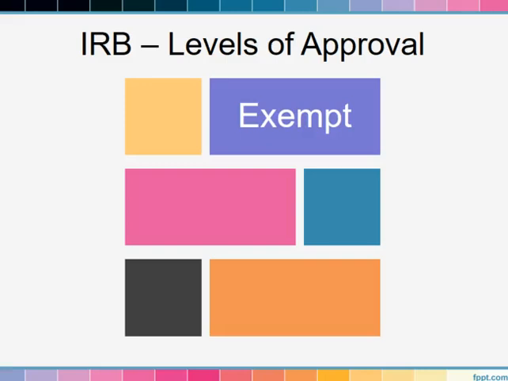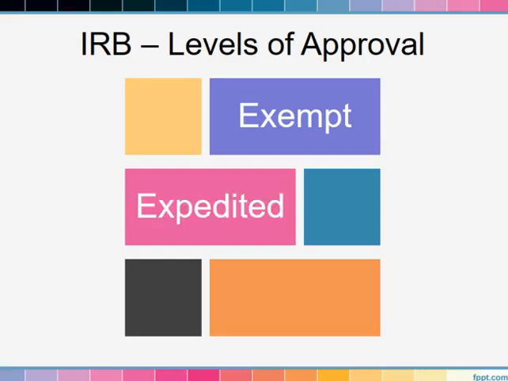A protocol may be exempt from IRB review if it meets one of the federally designated exemption categories, such as research related to educational processes, or research using existing data documents and records if the information is publicly available or anonymized.